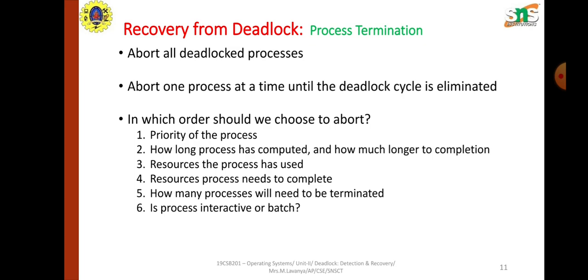And second, we have to see how long the process has been computing. If a process is holding n number of resources and has completed multiple works on those resources, we are not supposed to eliminate that particular process.